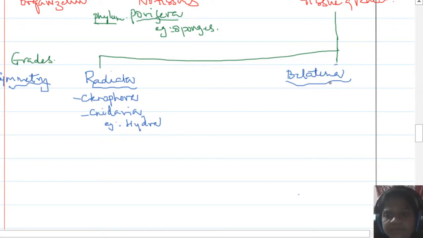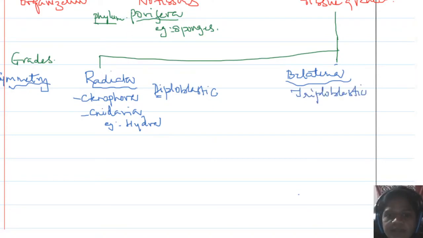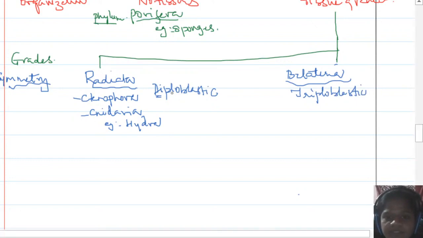So here we see bilateral symmetry. These are diploblastic animals. That means di means two. These are triploblastic. And you see diploblastic is you have ectoderm and you have endoderm.